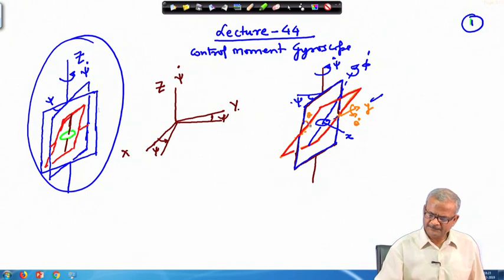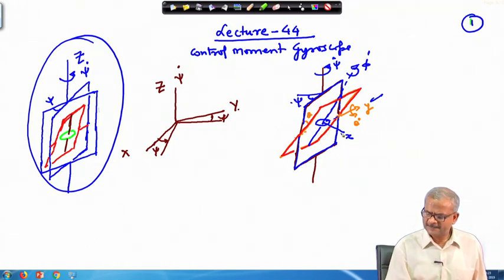Then the red frame is now rotated by theta. Its rotation is about the y axis, and the x axis is here, but this x axis is not rotating along with the disk. Your disk is here, but this x axis will not rotate along with the disk; rather the y axis is fixed here, so the x axis will always be along this.